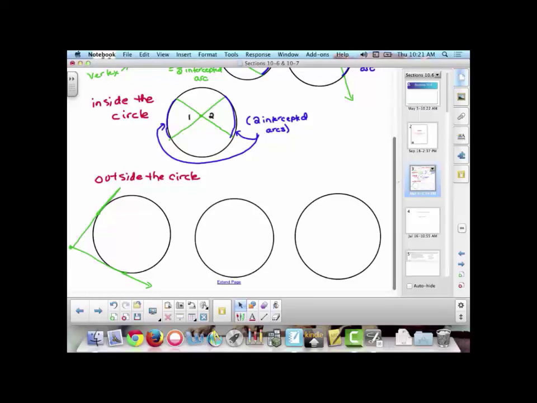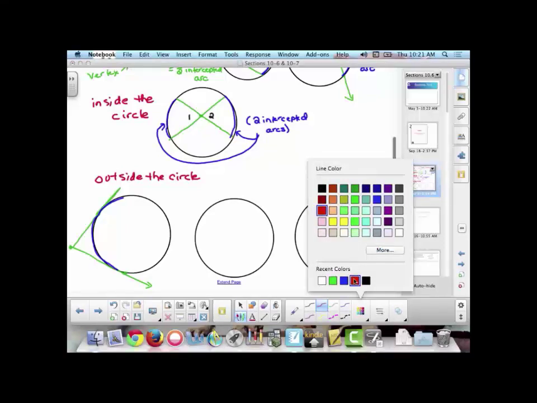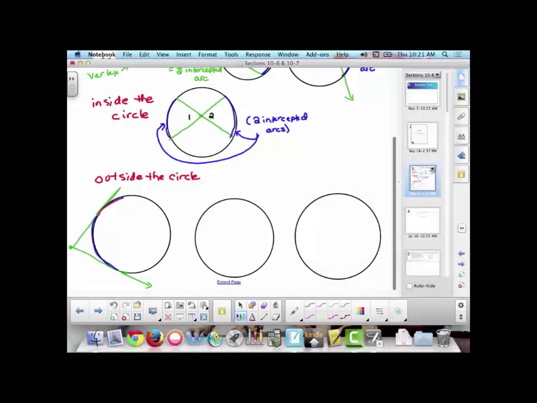When that happens, we get 2 intercepted arcs here and here.